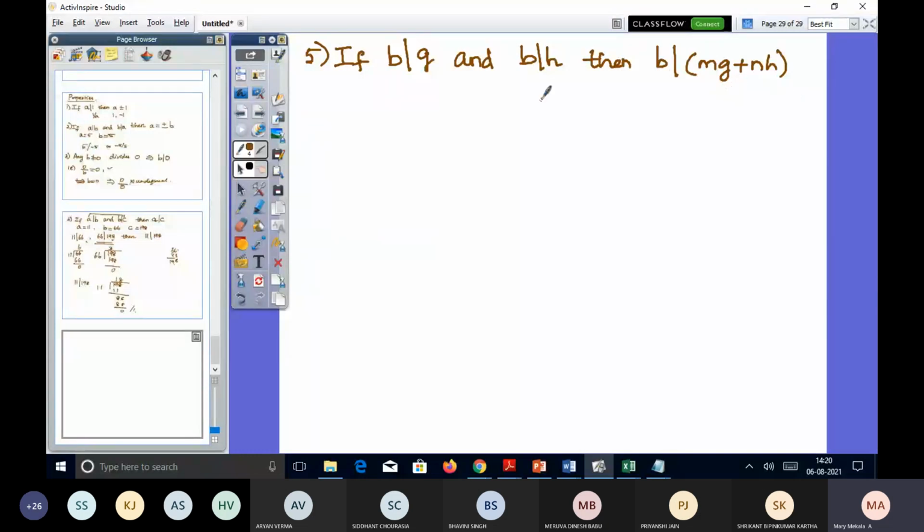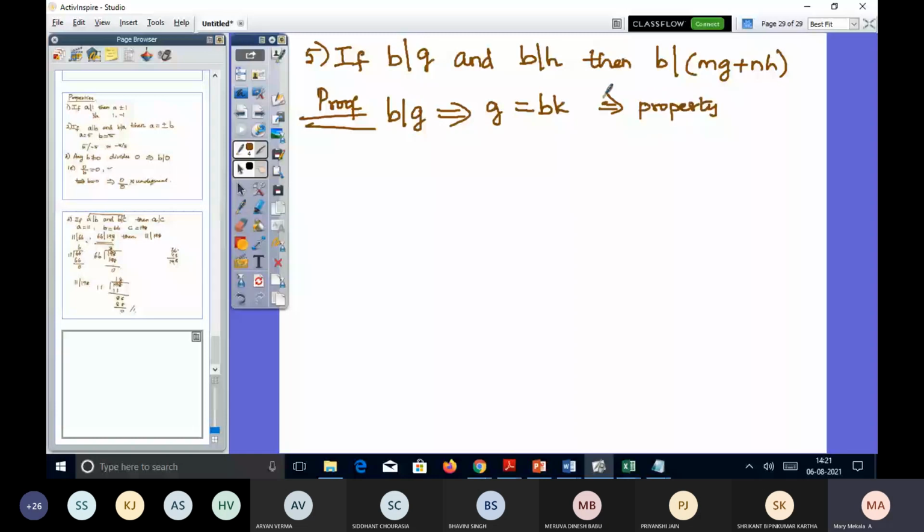Now how can you prove this particular property? First you should know the property of the divisor clearly. Suppose B divides G. So this can be written as G is equal to BK, some number K. I have written this with the help of the property of divisor.